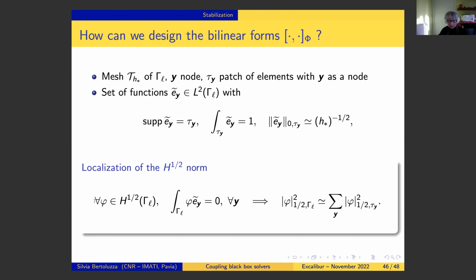Then I can prove that if a function phi is orthogonal to all these E tilde y's, then the norm of phi in H^1/2 of gamma L is equivalent to the sum over all nodes of the norm of phi in H^1/2 of the patch centered on the nodes.